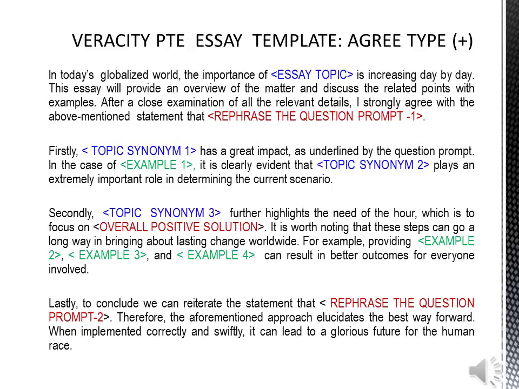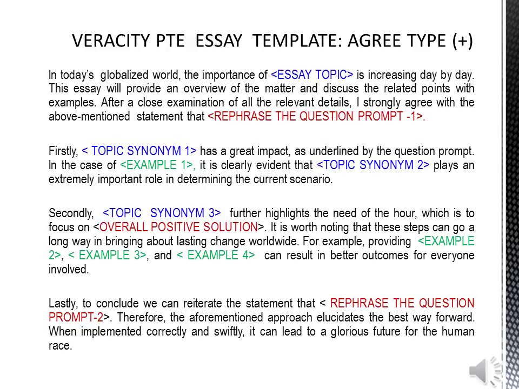It should happen somewhere in the introduction paragraph in the form of "I agree with", and that question prompt part needs to be mentioned, and it should also come again in the conclusion paragraph for you to get all the marks. These are marks allocated to the form and the content. This is how the scoring is designed. So giving your opinion is compulsory in the agree disagree question type.